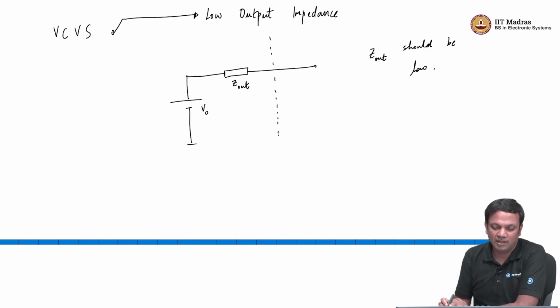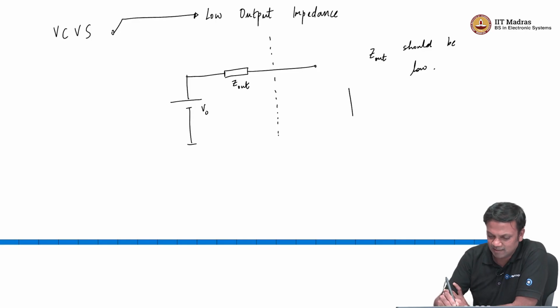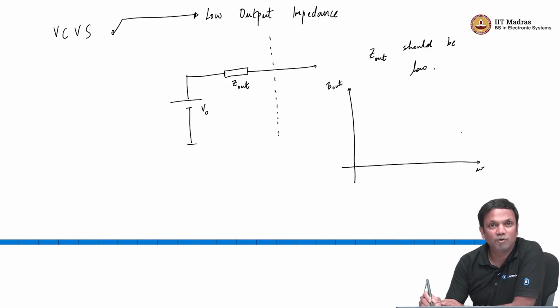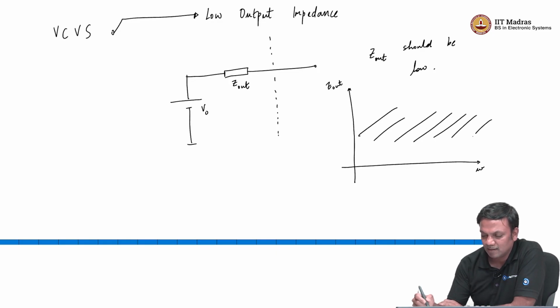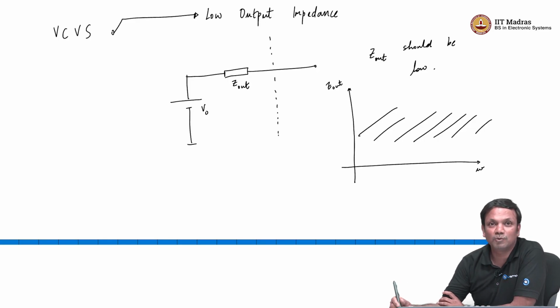We know R out, the output resistance. Z out should be low is essentially saying that if I were to plot impedance as a function of frequency, I am hoping that across the entire frequency band, the output impedance will be low, right.